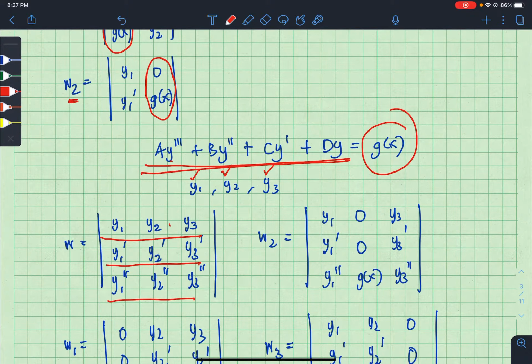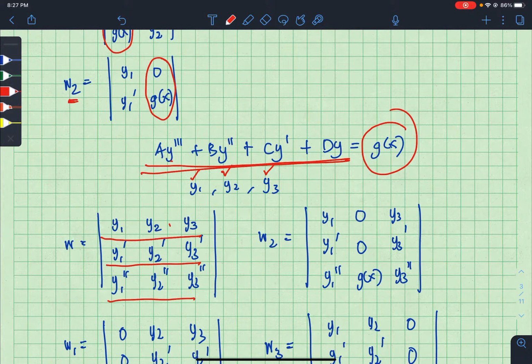So again, y of p is u1 y1 plus u2 y2. So u1 is theta minus tangent theta. y1 is cosine. And plus y2 is negative ln of cosine theta. y sub 2 is sine theta.